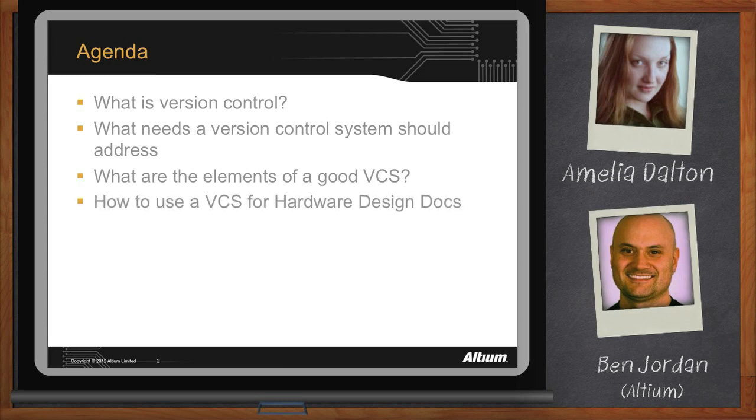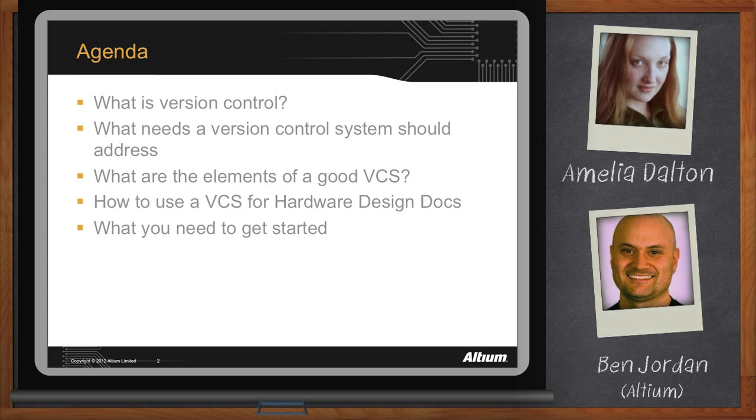Fantastic. And also how to use version control for hardware design documents, because for a long time it's been used by software development teams, but it's something that hardware developers have been missing out on. And really they shouldn't have to miss out on it. Absolutely not. And finally, I want to talk about what you need to get started.